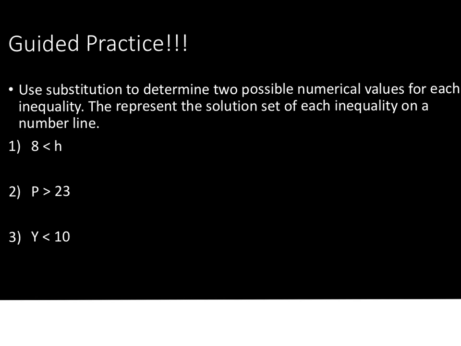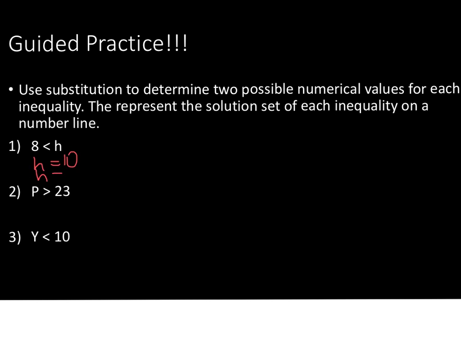Alright, now it's your turn to try. It says, use substitution to determine two possible numerical values for each inequality, then represent the solution set of each inequality on a number line. So now we have that 8 is less than h, or you could say that h is greater than 8. So if we had h equal to 10, that statement would be true because 8 is less than 10.